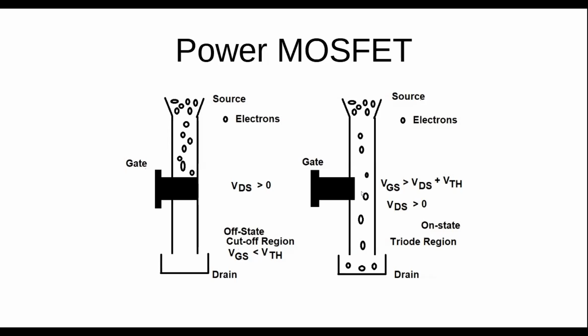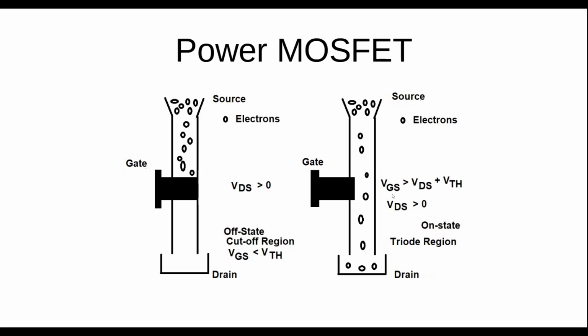The reason we always want it fully on is so that we reduce the power dissipation. That's the most important thing. If it's fully on, then it has a very small resistance. For MOSFETs, we normally talk about RDS on, the resistance when it's on. We want that to be relatively small.